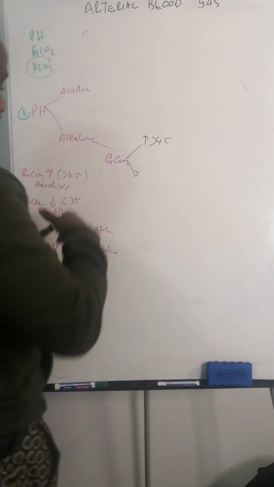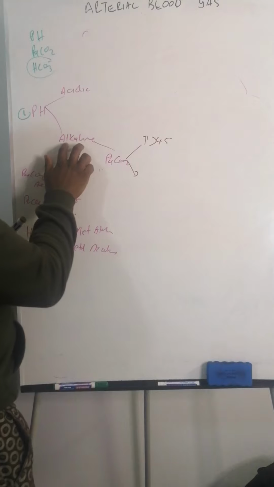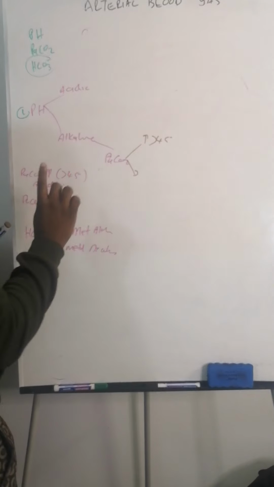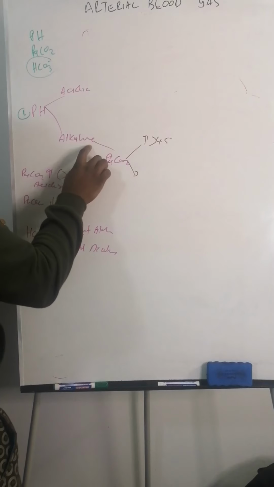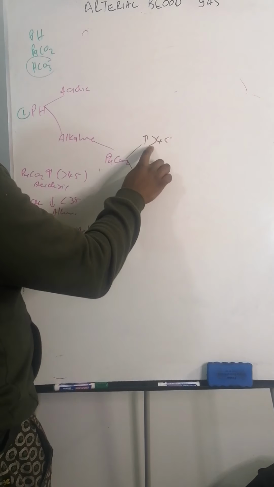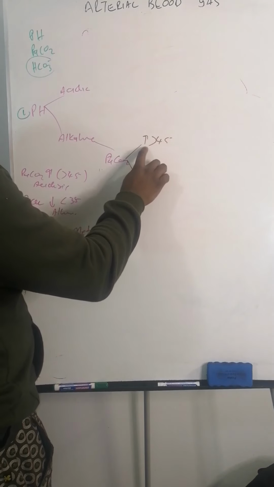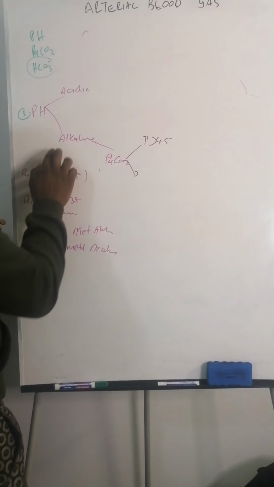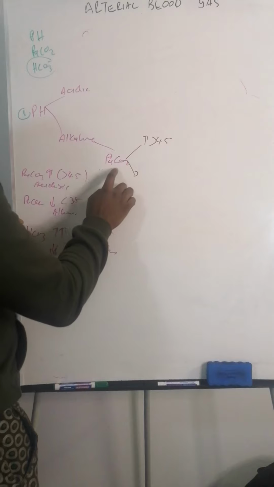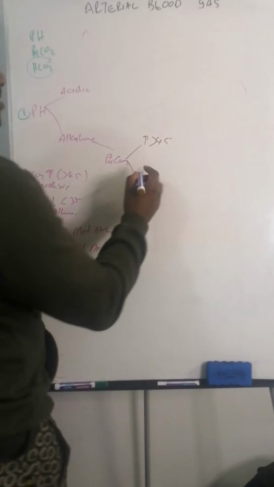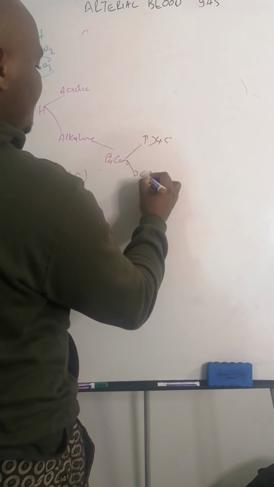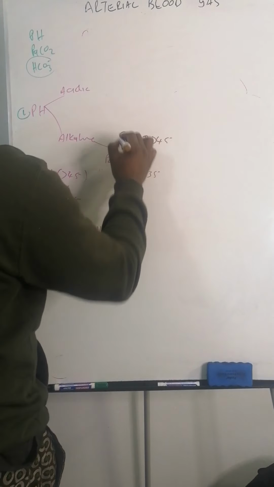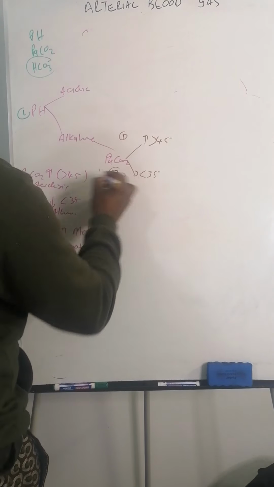Patient number one has got an alkaline pH with a partial pressure of CO2 that is more than 45. The second patient has got an alkaline pH with a partial pressure of CO2 that is less than 35, right? This is patient 1, this is patient 2. Different scenarios.